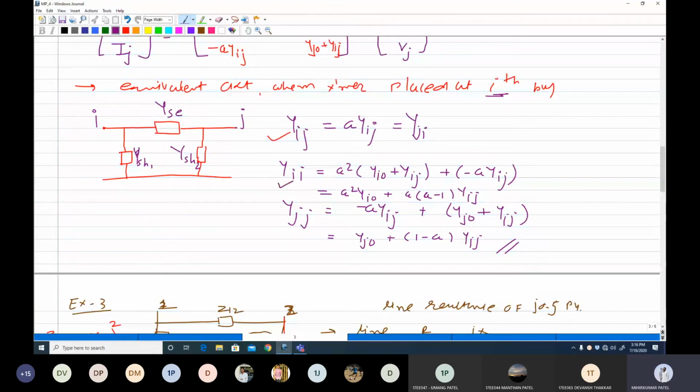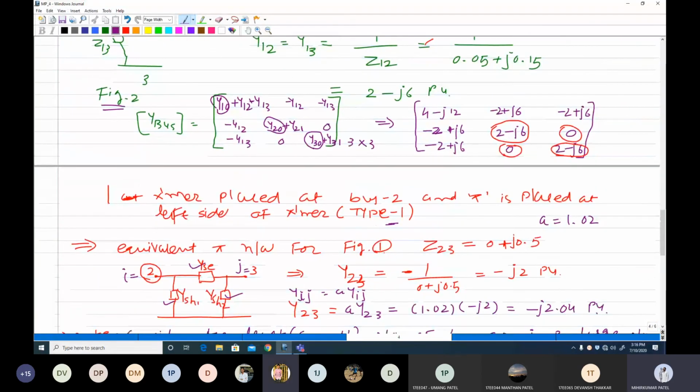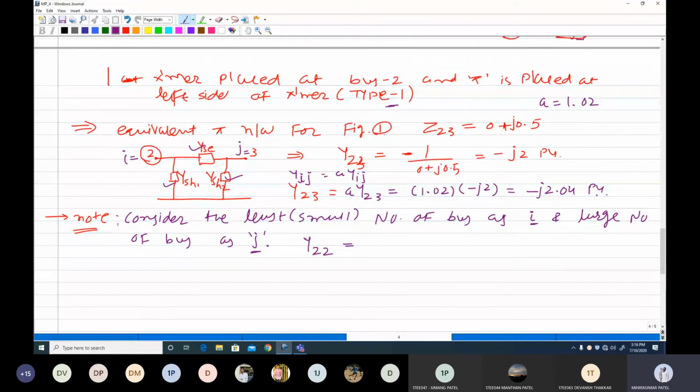It is A squared into bracket A squared Yi0, that means Y20, plus A into (A minus 1) into Y23.